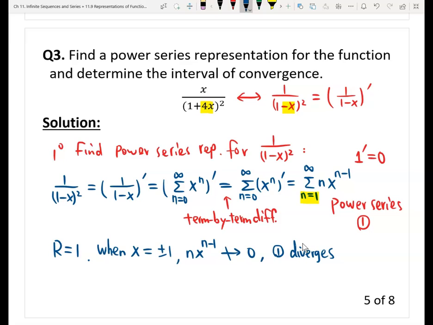So remember, how did we get divergence? Because we have this theorem, right? The test for divergence. Do you remember this? Okay. Therefore, what do we have now? We have the domain.